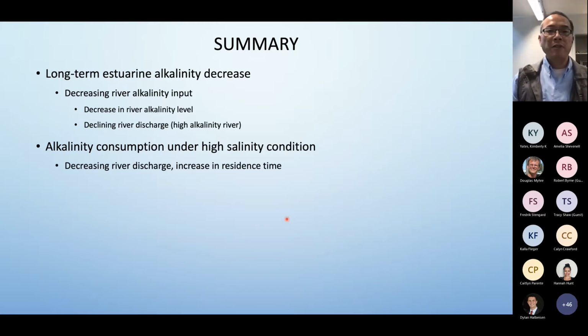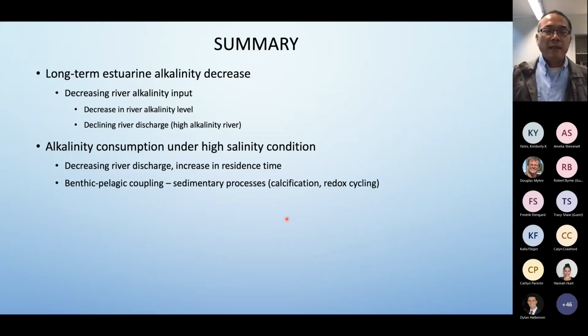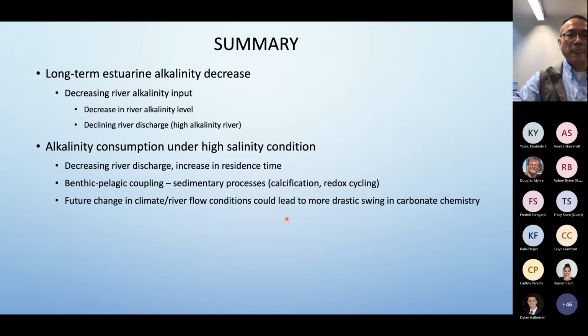Because of the decrease in river discharge, you increase the estuarine residence time, so there is plenty of time for reactions to take place. And there is also benthic-pelagic coupling, because oxidation of sulfur produces acid. So the sedimentary processes, including calcification, may both contribute to the alkalinity decline in these estuaries.